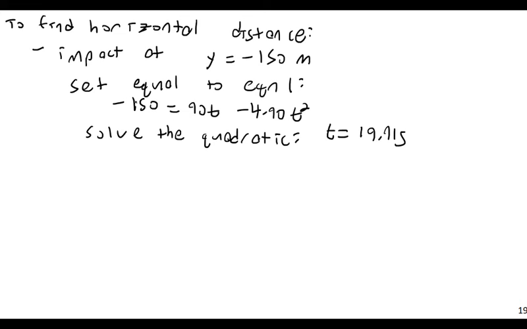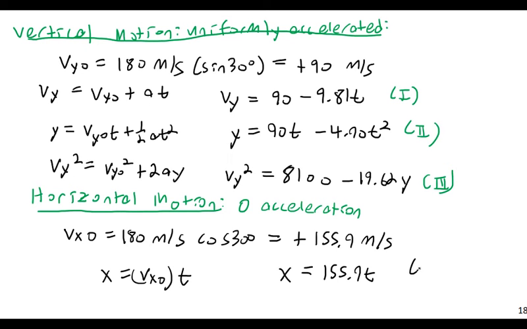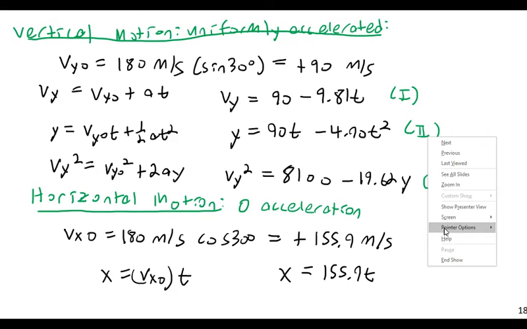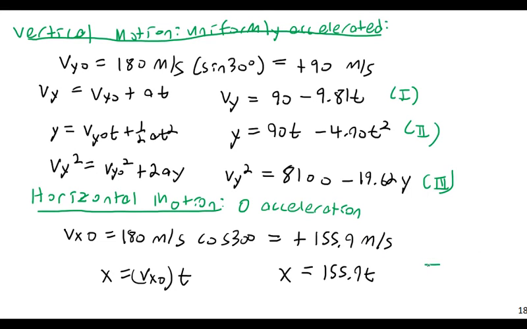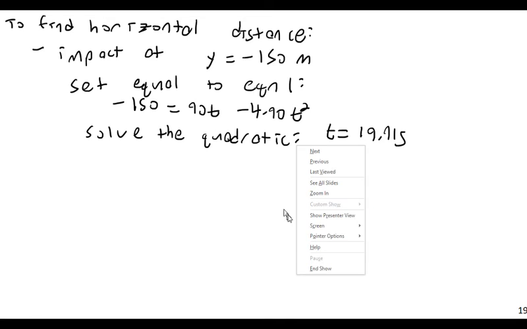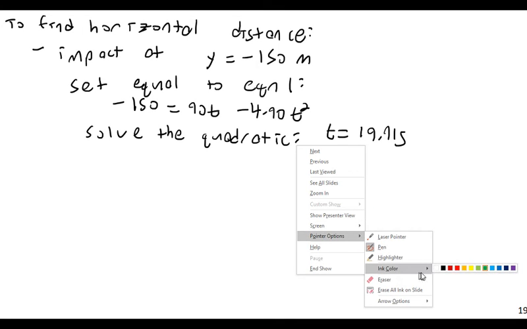And then if I want to label this as equation 4 here. This is going to be my equation 4. Actually, let me do that in green. This is going to be equation 4.